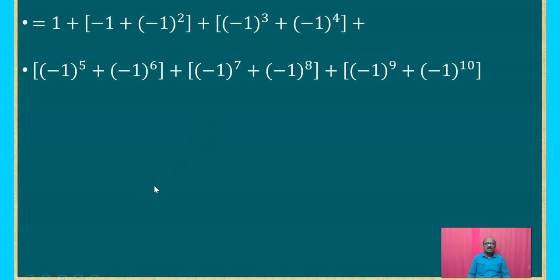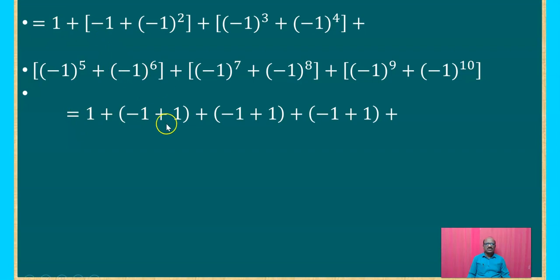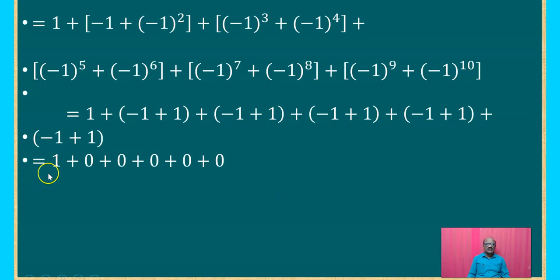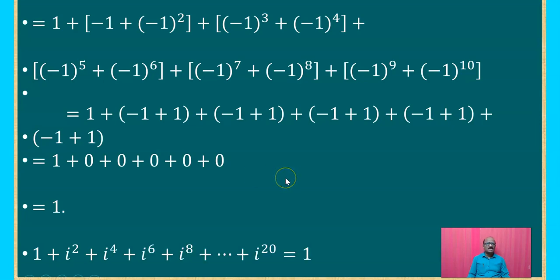And overall, here you will get 1 minus 1 plus 1 minus 1 plus 1 minus 1 plus 1 minus 1 plus 1. Okay. And you will get the answer 1 plus 0 plus 0 plus 0 plus 0. The answer is 1. And hence we write the final answer as 1.